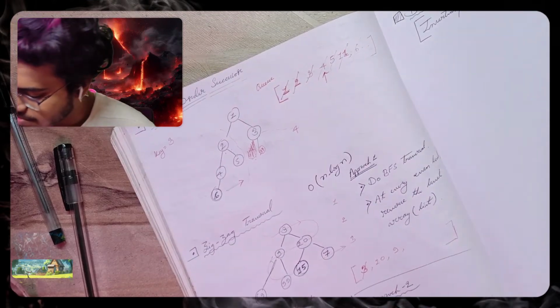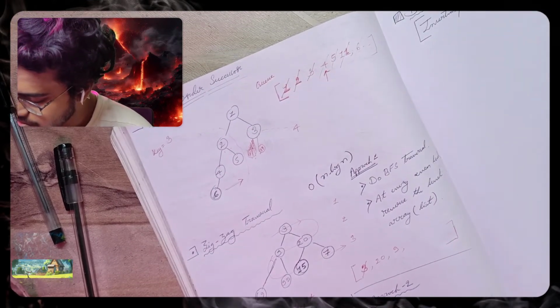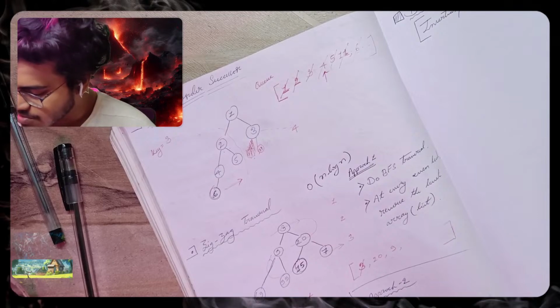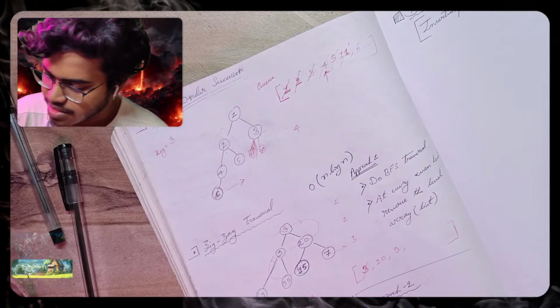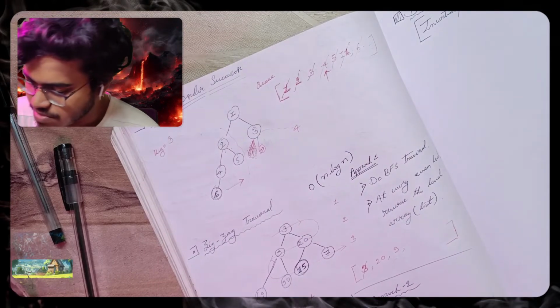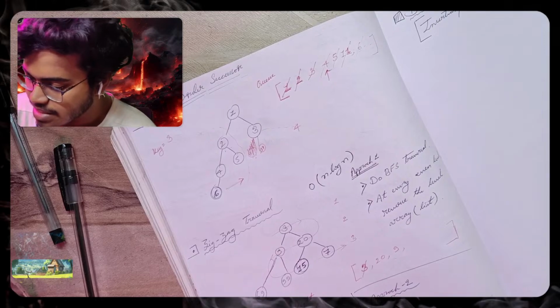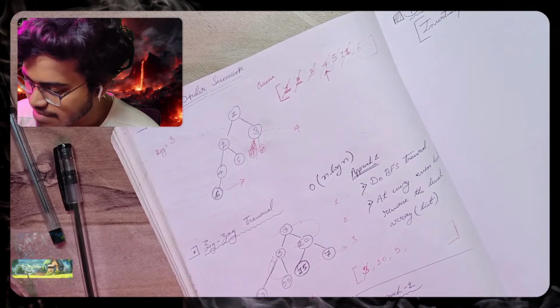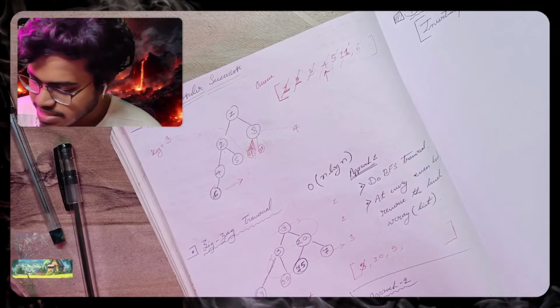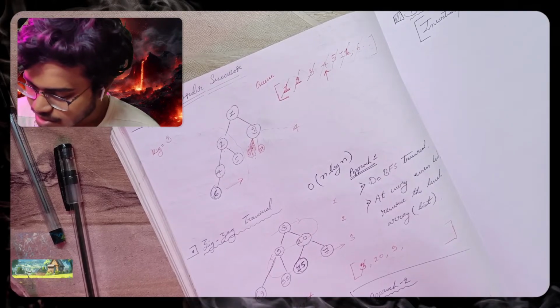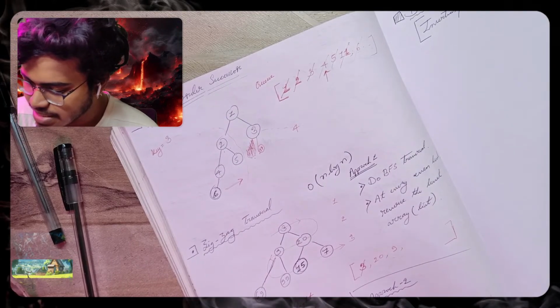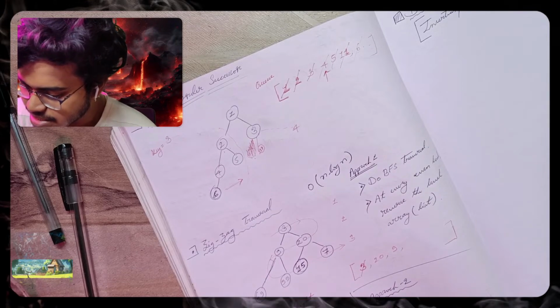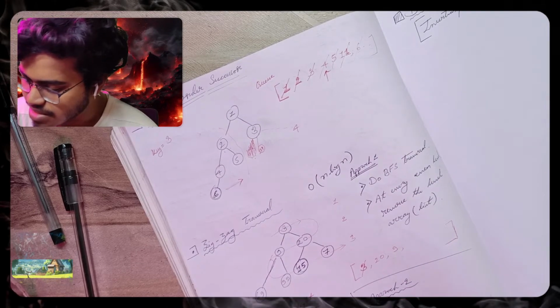Let me write a bigger queue. Initially suppose we have 3. Okay, so when level is 1, then insert from the back. Is it? Yeah, I guess so. Insert in the back.